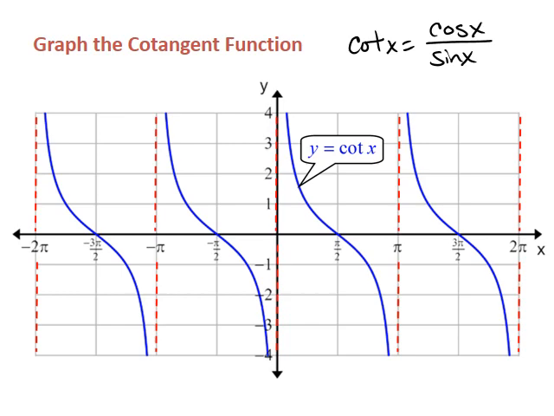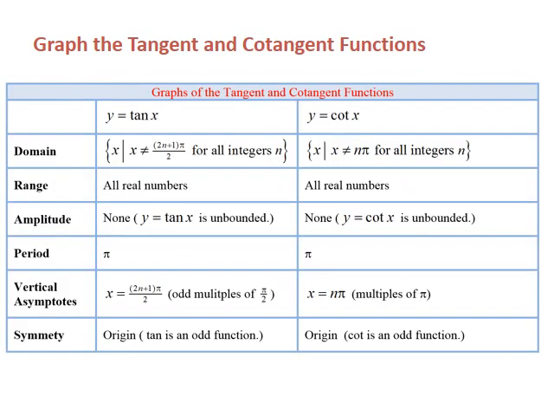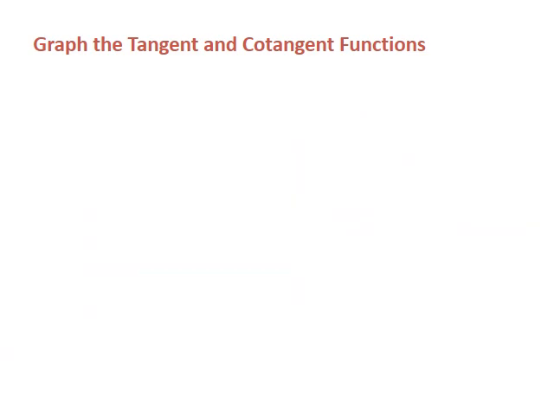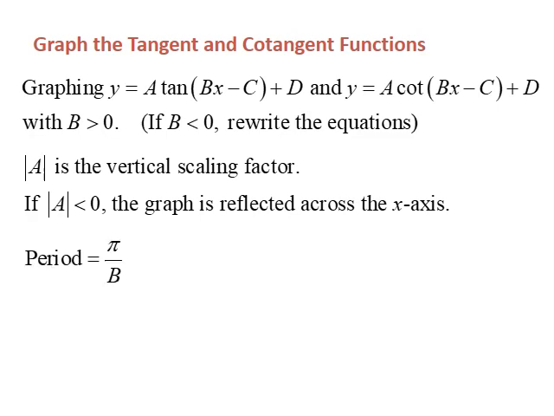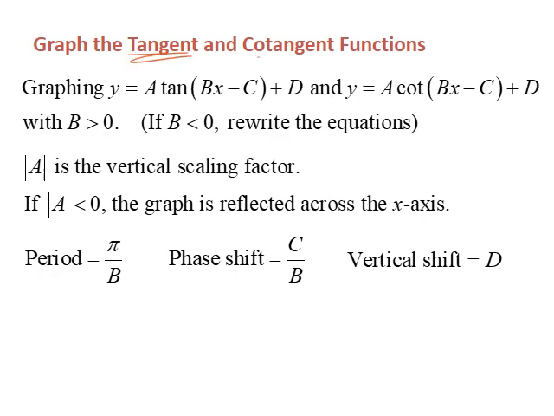Okay, so just like the secant and cosecant graphs, here's a little chart that illustrates information about tangent and cotangent. You're welcome to pause the video and take a look at that if you want. This slide basically talks about some important aspects of graphing tangent and cotangent.